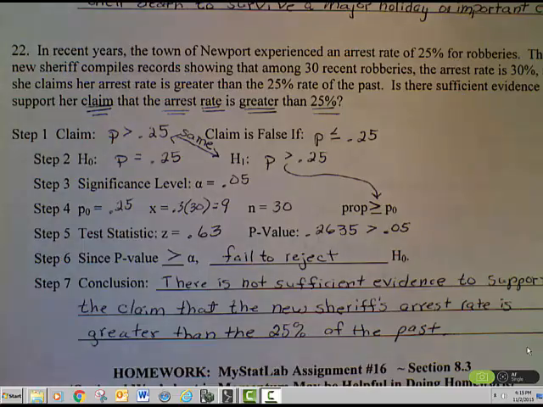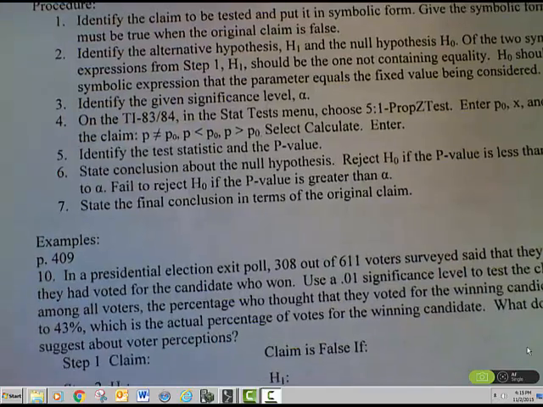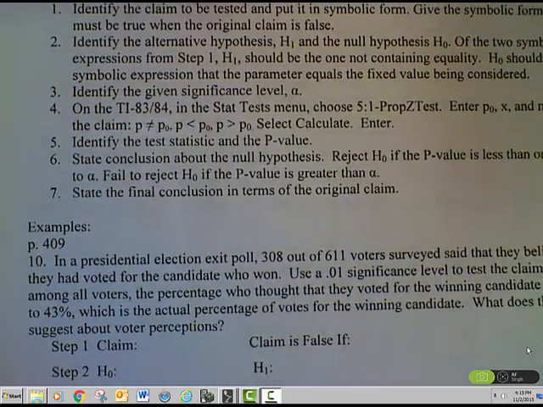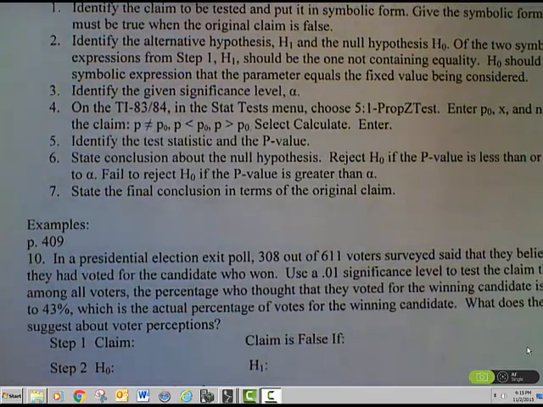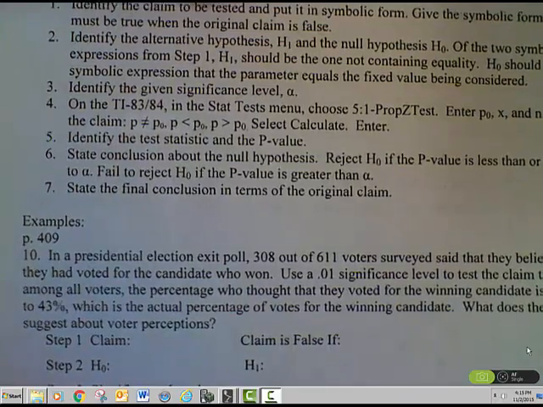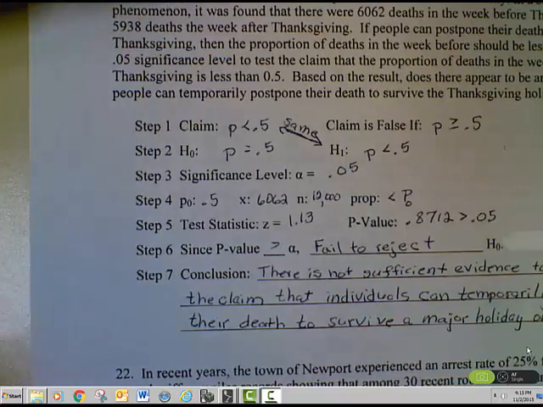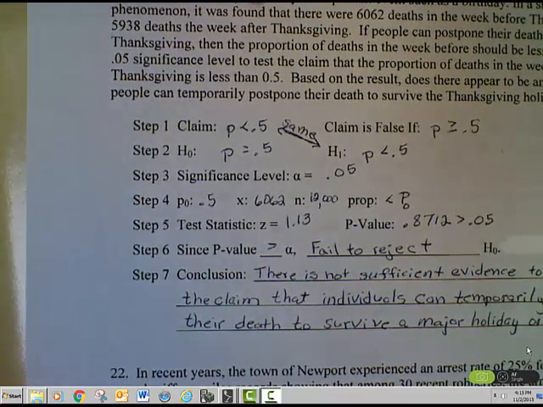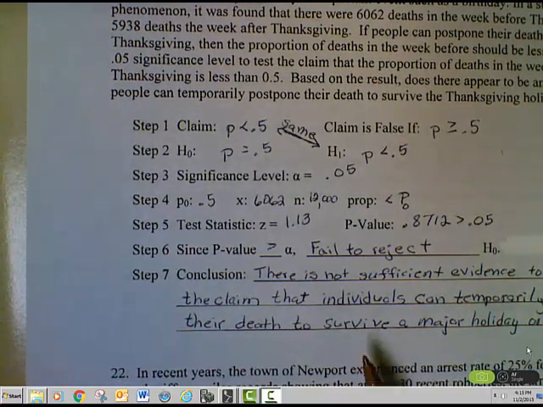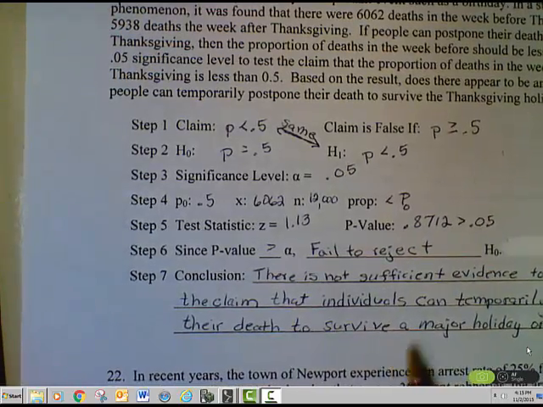Now, in the three examples on the handout, I just happen to have one problem on the front page where we rejected the null hypothesis. But on the two in the back page, I failed to reject the null hypothesis, and it just so happened that in both of those, there was not sufficient evidence to support the claim.